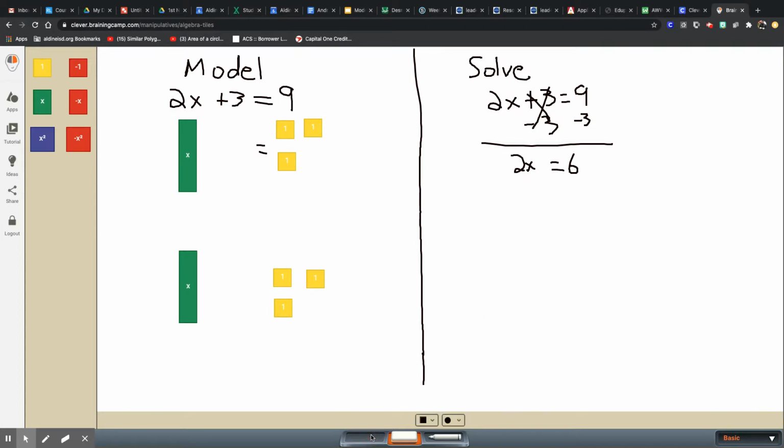All I did was divide the 6 between my two x bars. So if I look here, I can see that 1x is equal to 1, 2, 3. If I divide each side by 2, 2x divided by 2 leaves me with 1x, equal to 6 divided by 2, which we know is 3. So x equals 3.